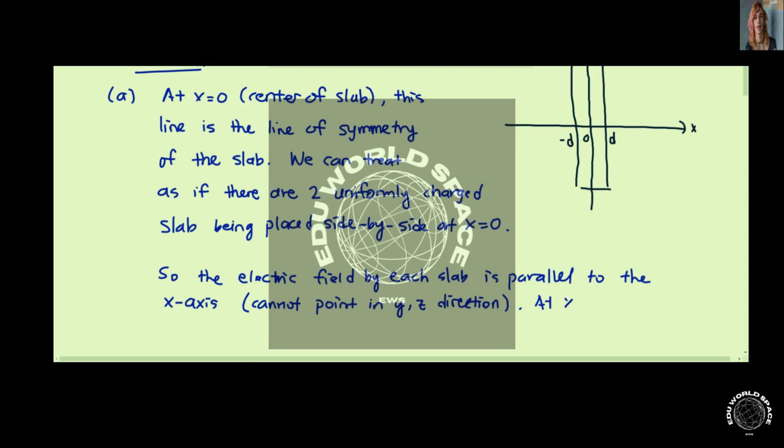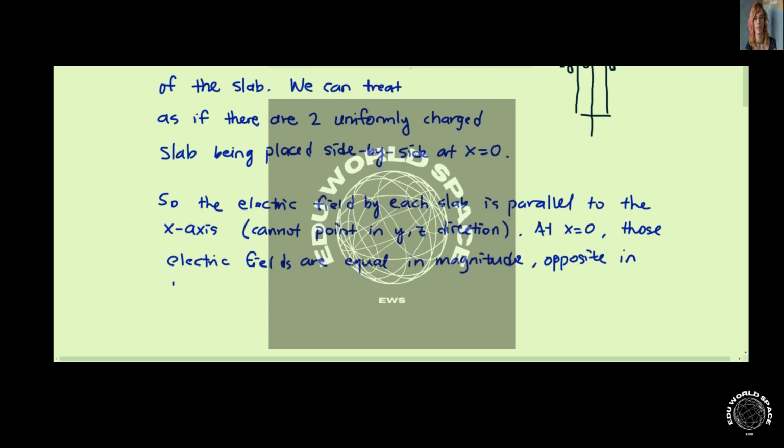At x equals 0, those electric fields are equal in magnitude and opposite in direction. And so at x equals 0, the E is 0.